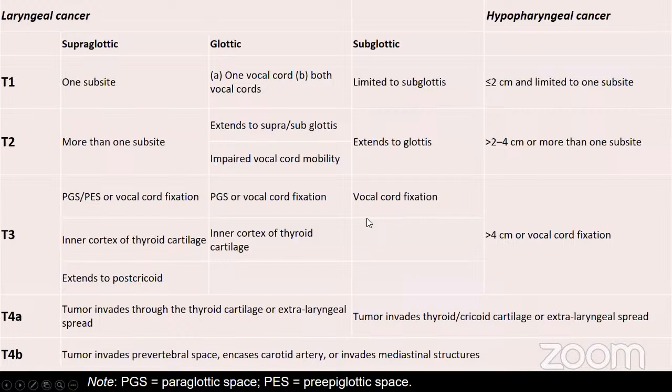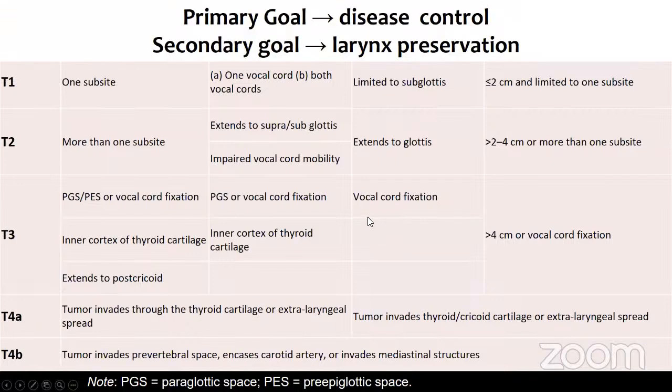We need to assess these on imaging, and that serves the purpose of deciding whether we can give an organ preservation treatment option to the patient, or whether the surgical option is the best suited for the patient. The primary goal here is disease control, and the secondary goal is larynx preservation.